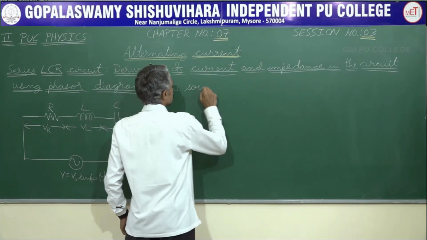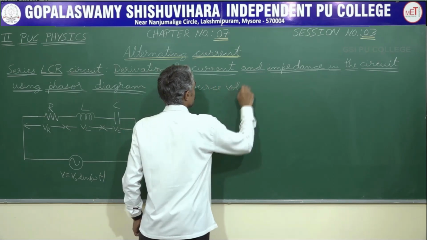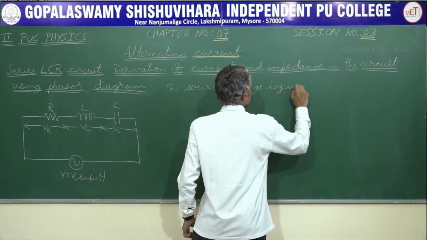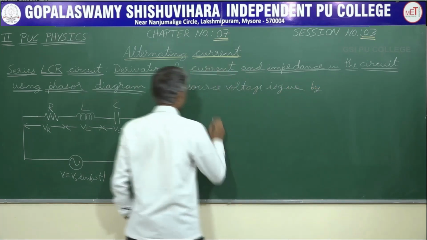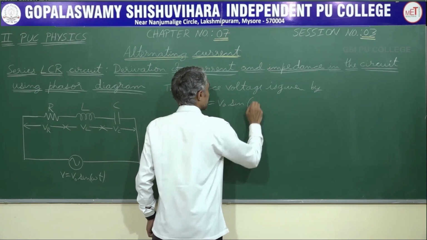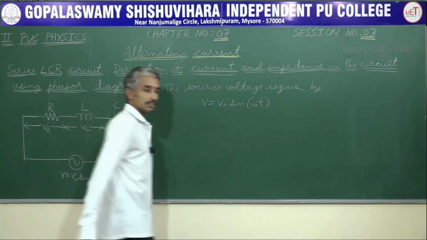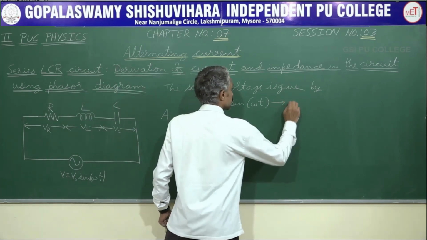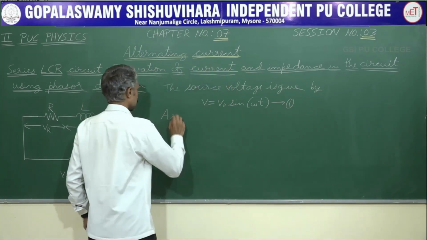The source voltage is given by V is equal to V0 into sin omega t. So let me take this as equation 1.